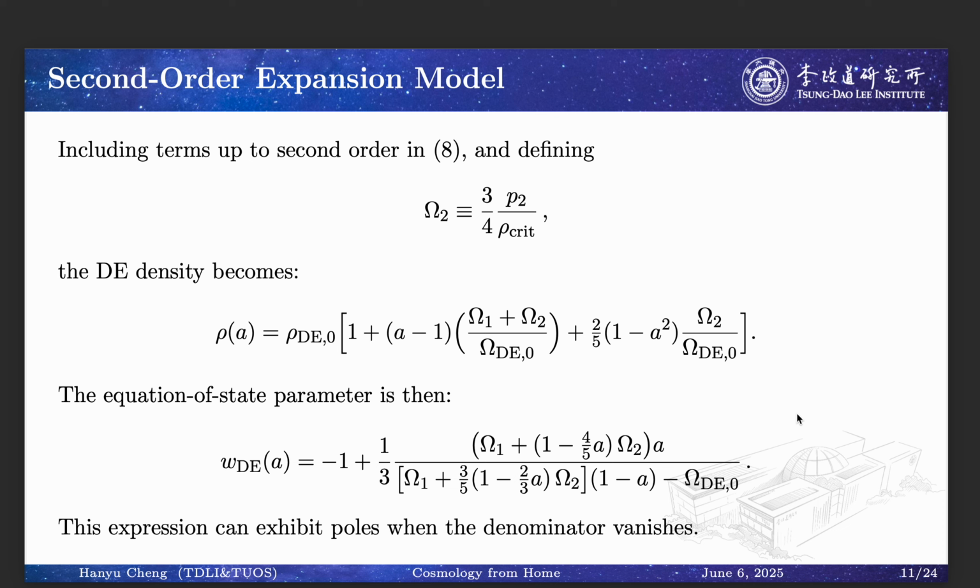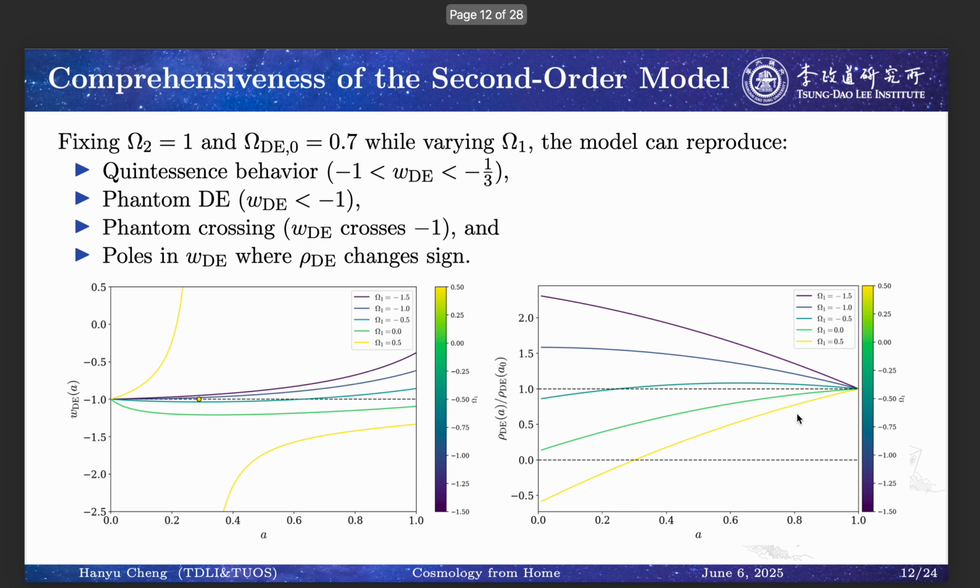And for the second order expansion model, we have one more parameter, omega2. Here, we can also get the energy density formula and equation of state formula. And I want to emphasize the comprehensiveness of our second order model. In this plot, you can see our second order model includes different situations for dark energy.